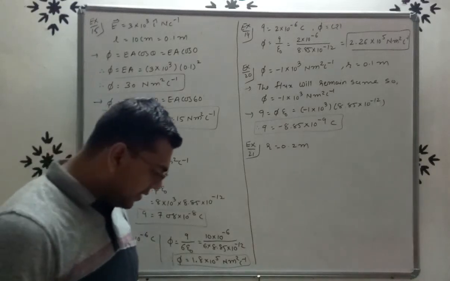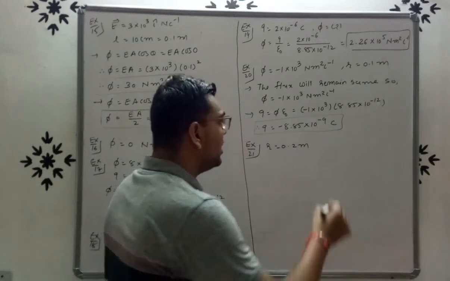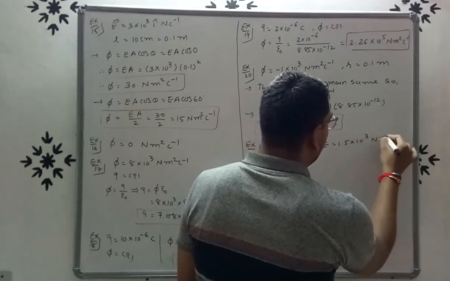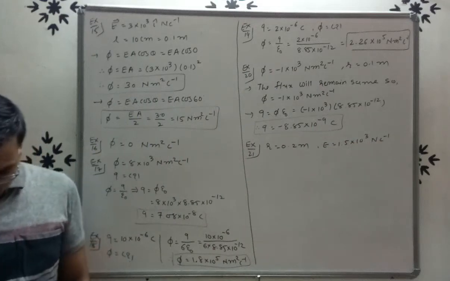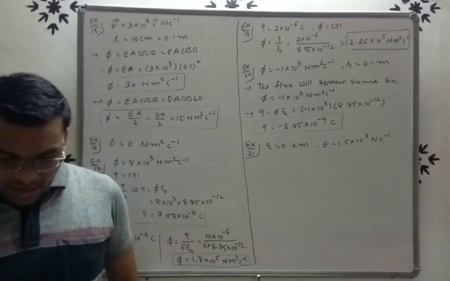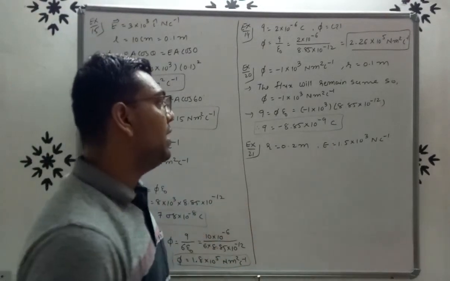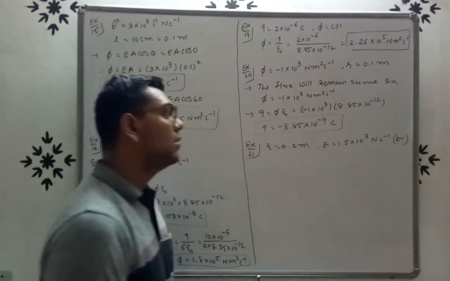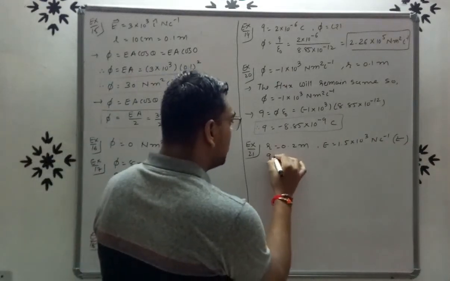And the value of electric field is given, E is equal to 1.5 into 10 raised to 3 Newton per coulomb. Right? Now find out the net charge, and the field points radially inward. So the direction of the electric field is inward. So like this, inward. So we have to find out the net charge on the sphere, Q.